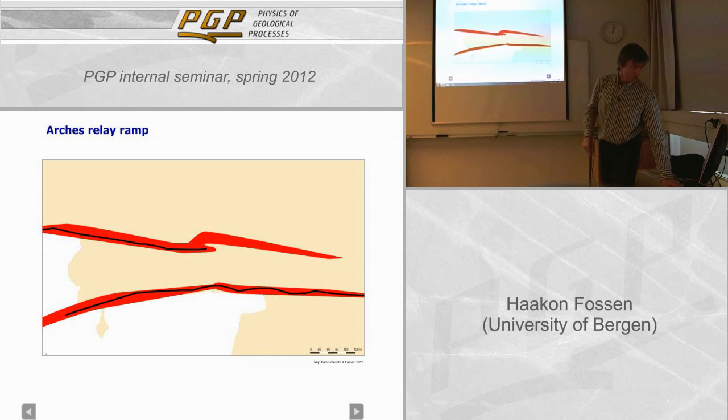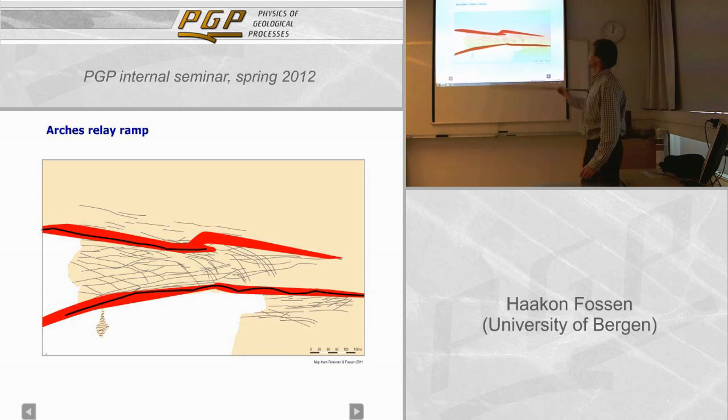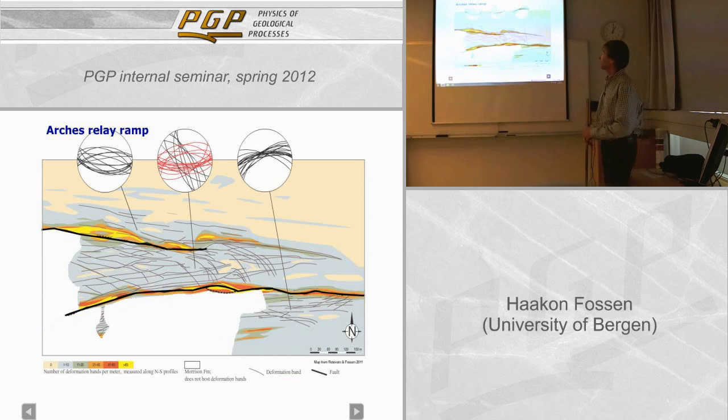So Atle Rotevatn, my former student, now colleague, mapped the trends of the deformation bands and found that this ramp is actually full of deformation bands. These are the trends. There are more deformation bands than what this map shows, but these are the trends. And he also made a strain, not a strain map per se, but a density map of deformation bands.